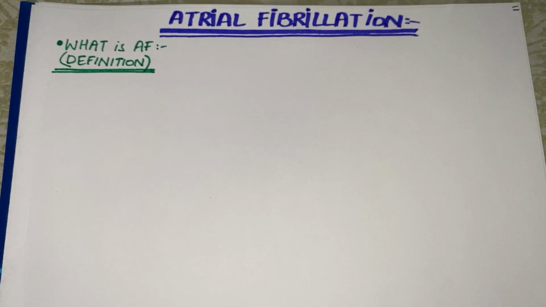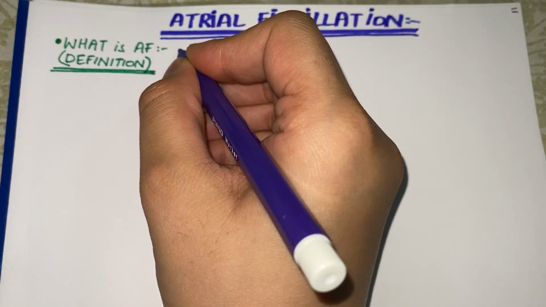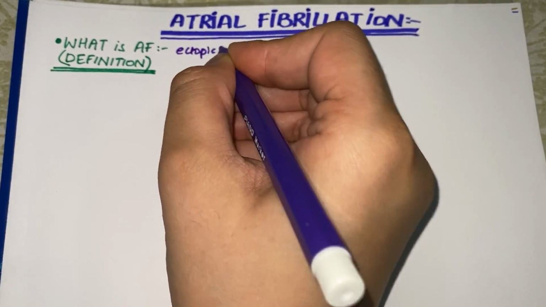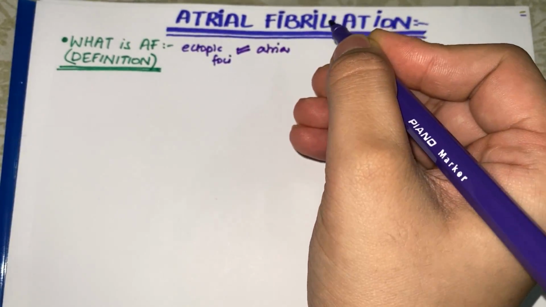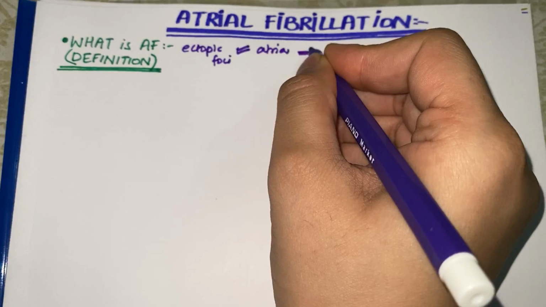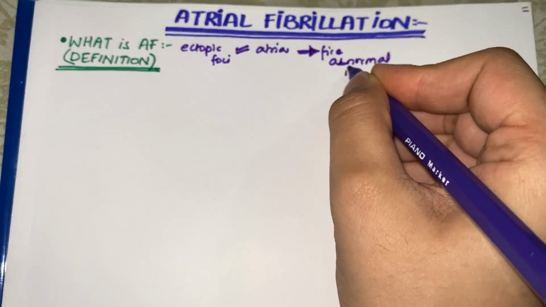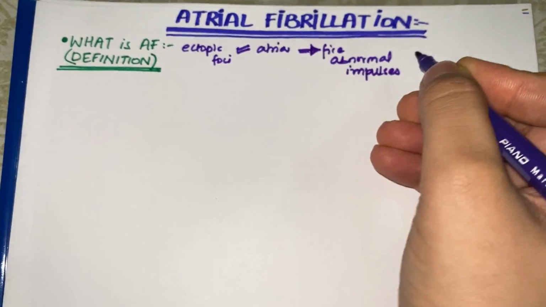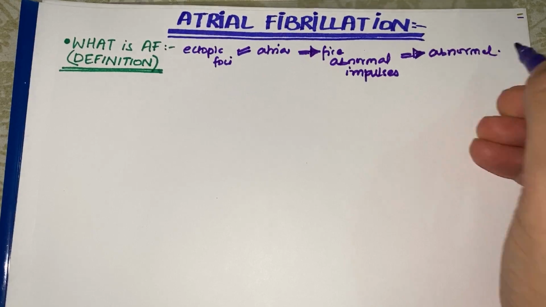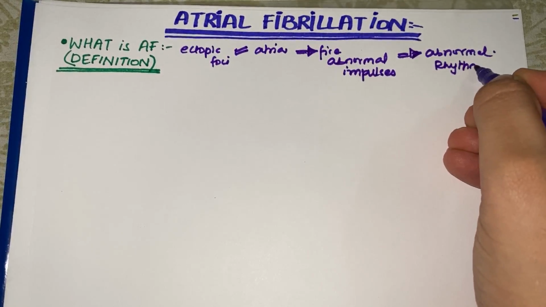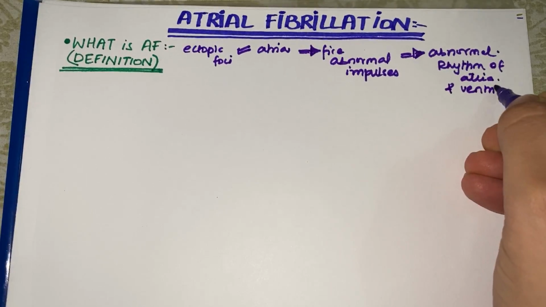So, atrial fibrillation is basically a disorder in which ectopic foci are formed within the atria, and these ectopic foci start to fire abnormal impulses that lead to abnormal rhythm of the atria as well as the ventricles.